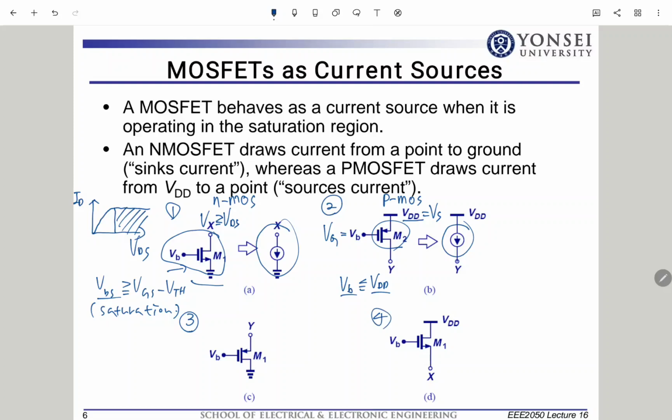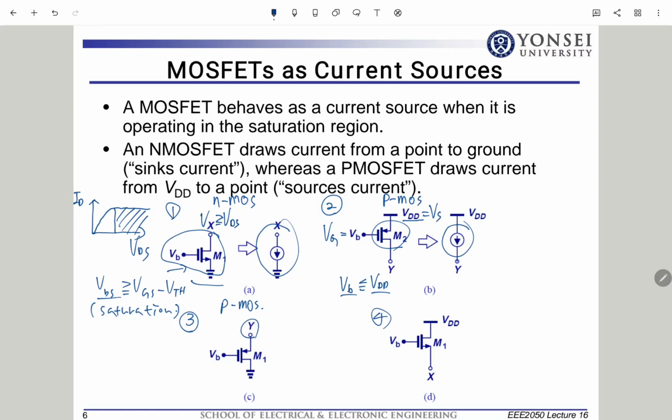What is the problem with the third case? This is a PMOS. If you take a look at the source side, it is not defined, right?